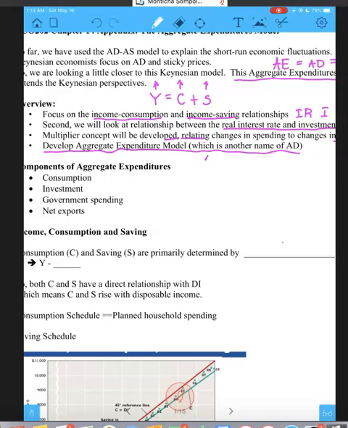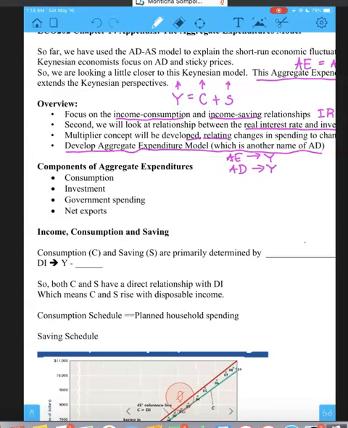How aggregate expenditure determines the GDP, which we already know aggregate demand will determine the GDP. All right, so one more time, the components of the aggregate expenditure are the consumption expenditure, investment, government spending, and net export, right? Those are the items combined to be aggregate expenditures.